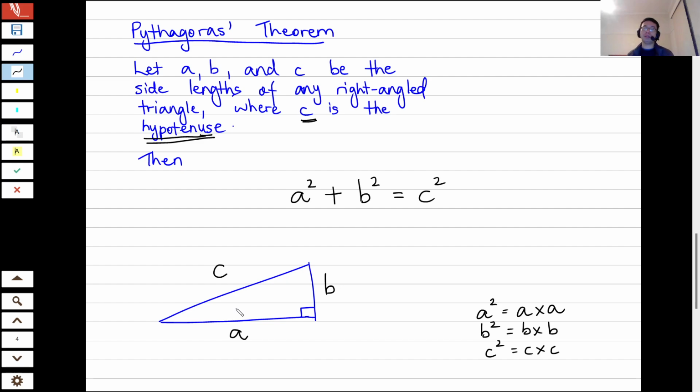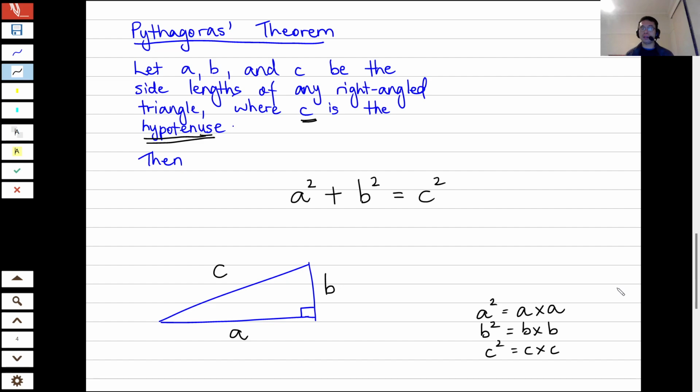It's an amazing result. And it might not be completely obvious why this is true the first time you look at it. So I just want to wrap this video up by showing you a picture that might convince you. But for the rest of this topic, we're basically just going to use this formula and take it as given.